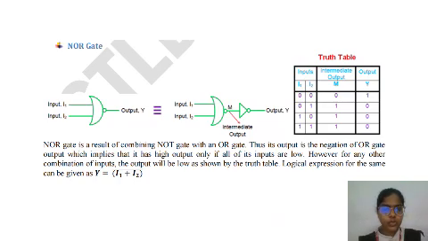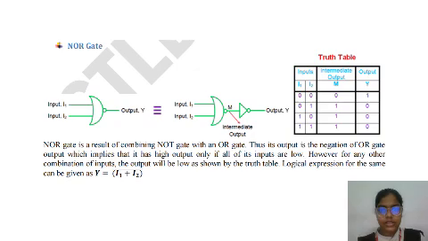And the next one is the NOR gate. The NOR gate can be represented as shown in the figure. I1 and I2 are the inputs and y is the output. Here also we can show the intermediate output. In the truth table, I1 and I2 are the inputs, the intermediate output is M, and the output is Y. The NOR gate is the result of combining a NOT gate with an OR gate.